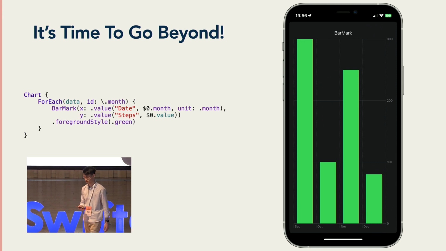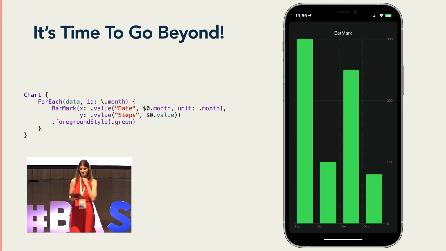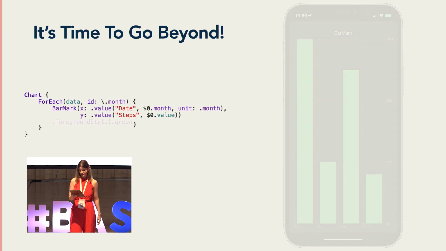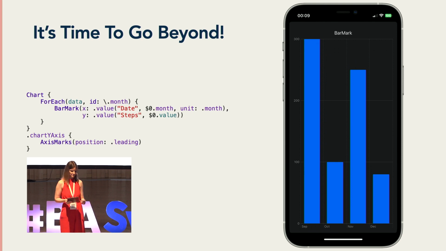Or we can change the side of the y-axis label using the chart y-axis modifier, passing leading in the position parameter of axis marks.